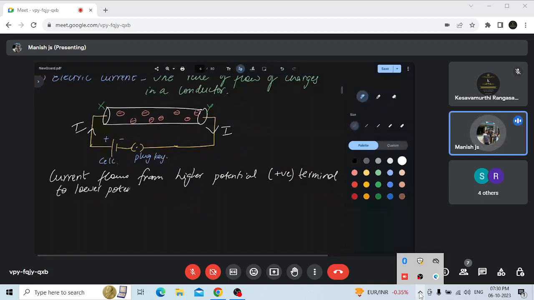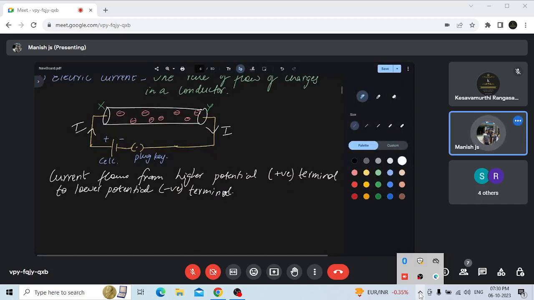Lower potential means it is the negative terminal. That is how the current is going to flow.